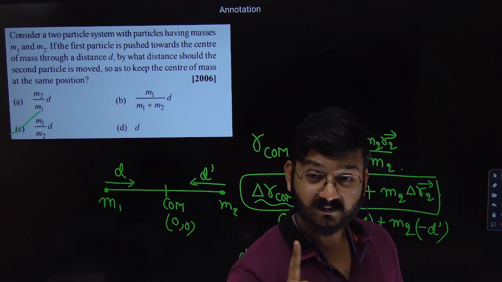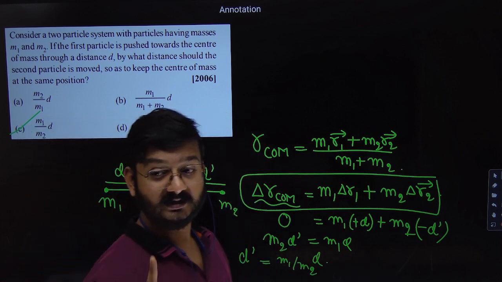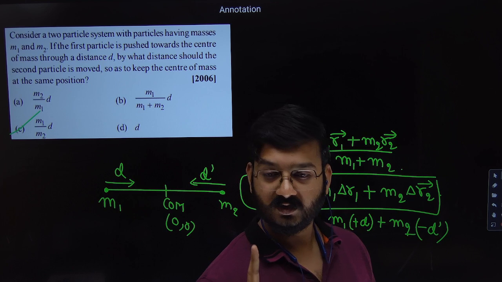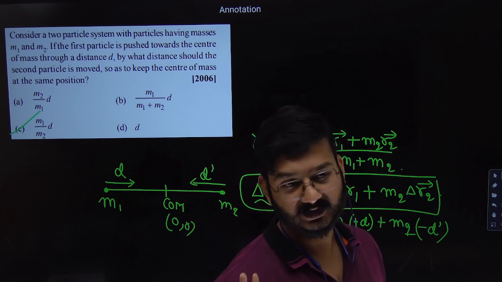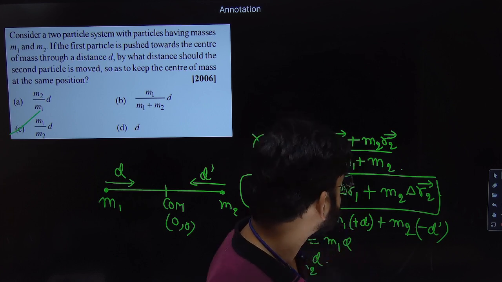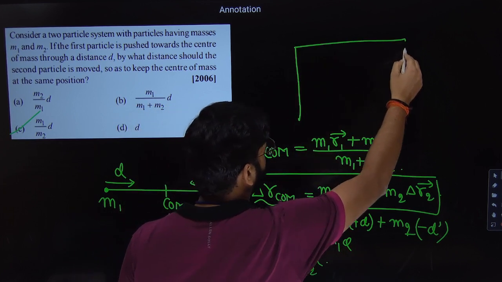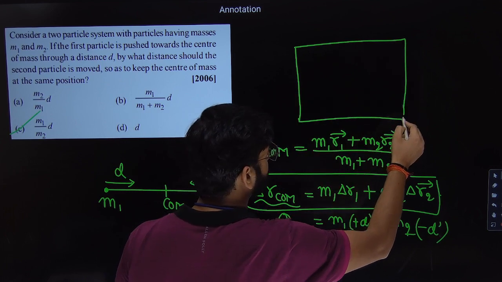But the moment mass is not uniformly distributed, the center of mass will not be the same as its geometrical center. What do I mean by mass is not uniformly distributed? Suppose I draw a square shape here.